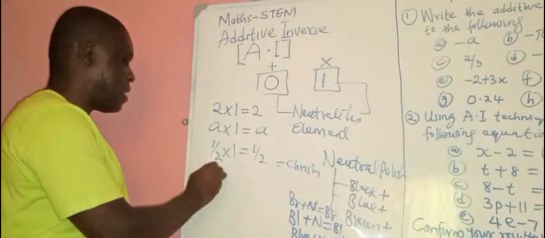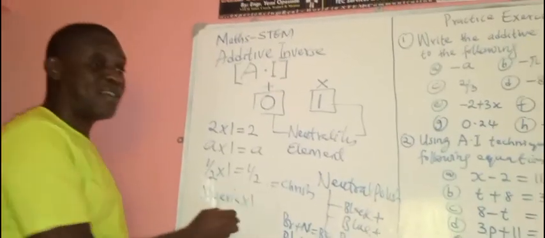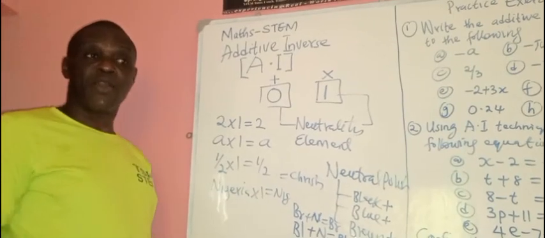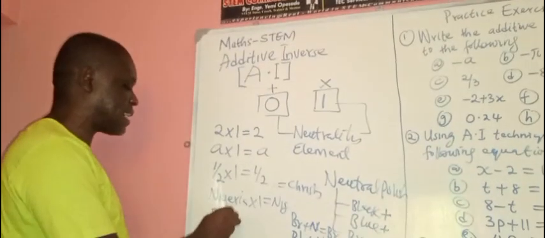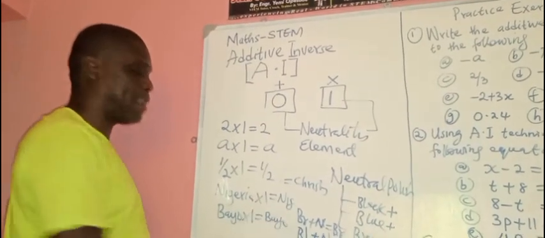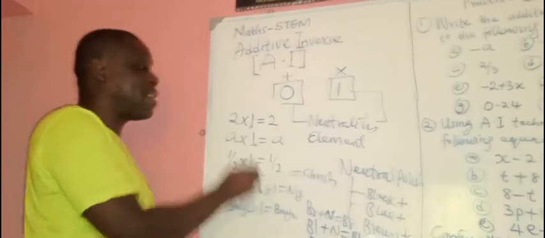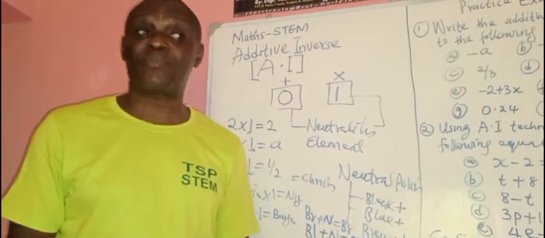What is Nigeria, my great country, times 1? It will still be Nigeria. What is your name? Bayo. Bayo times 1. What is that? It still gives you Bayo. It doesn't change it. So it means in this case, 1 behaves like a neutral polish. Nothing changes. Is that clear?